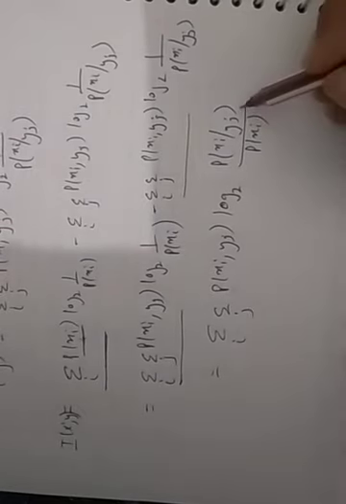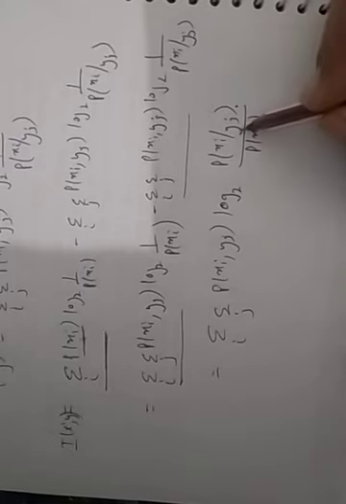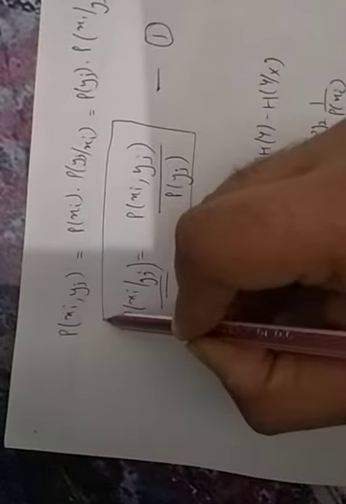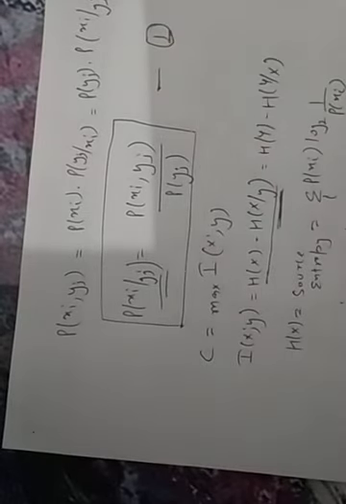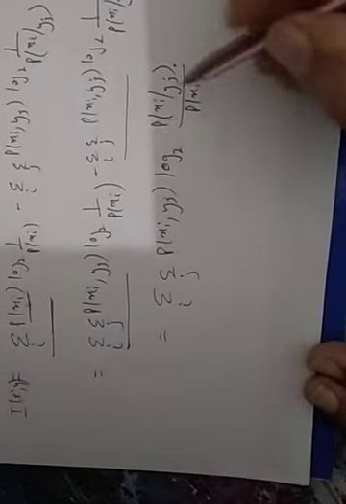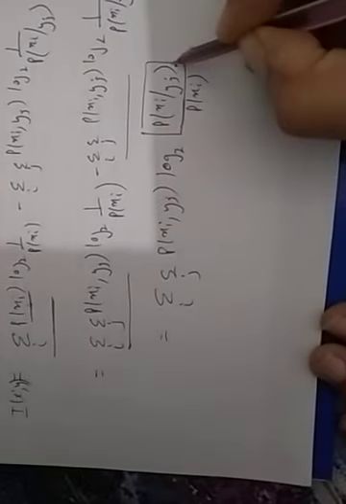So now, before starting the formula, I have told you the value of p(xi/yj). Here, if you see, in the first step we have written down the value of p(xi/yj). So we will take the value from equation number 1 and put it here for p(xi/yj).